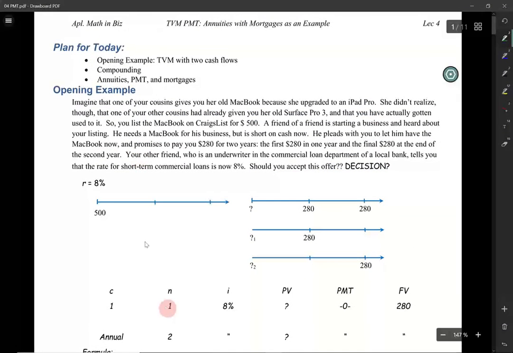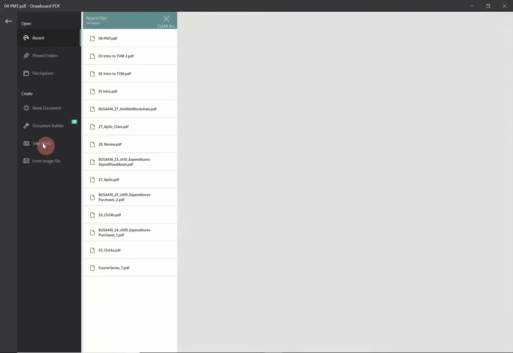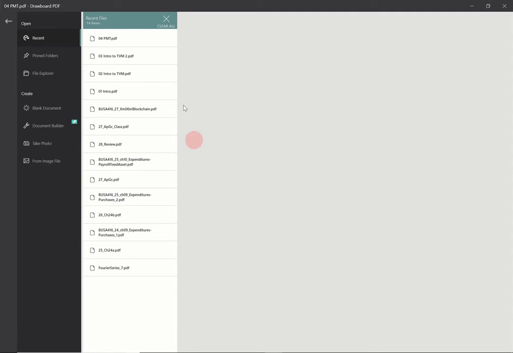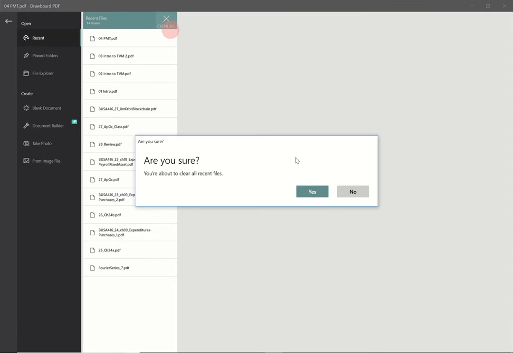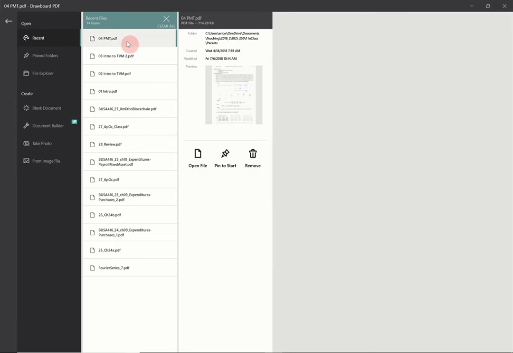Actually, you know what? I might have loaded the wrong file. Did I load it? Is this what you have? Let me see. No. Oh, sorry. Open. Okay.